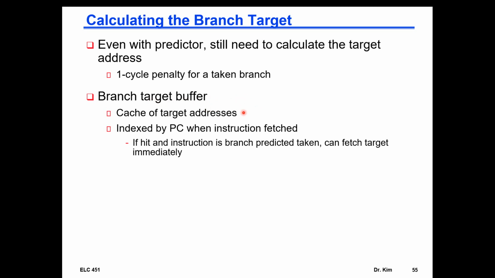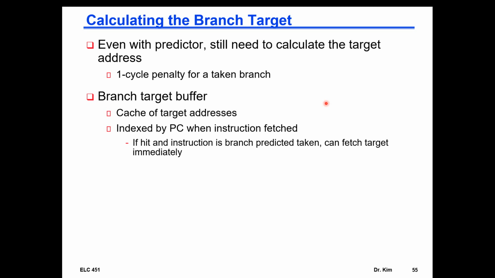So essentially caching the target addresses, and this buffer is indexed by the PC when that branch instruction is fetched. So the buffer and the branch target address is linked to the code address that has that branch instruction. So if we are fetching a branch, we add that program counter address, then that will be indexing the branch target buffer, and we already have the branch target address.